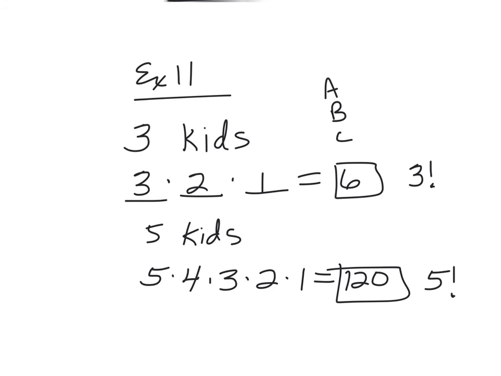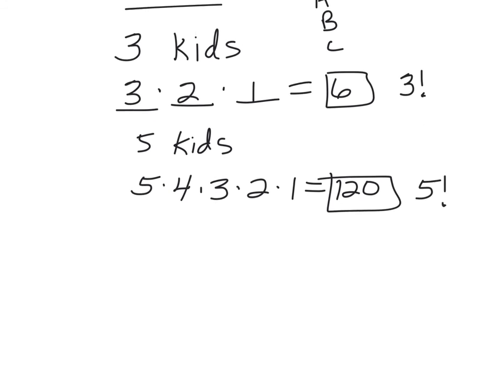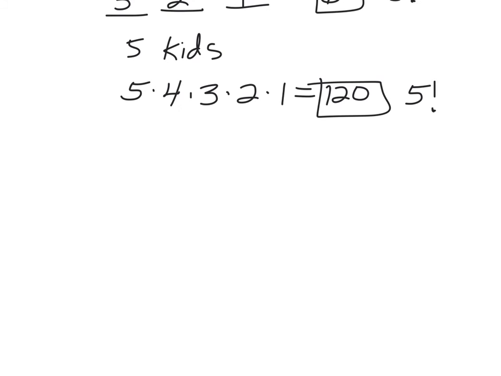In fact, if you look in your book at the bottom of page 539, it generalizes this notion, and it says if you have n objects, then you can arrange those n objects in n factorial ways.